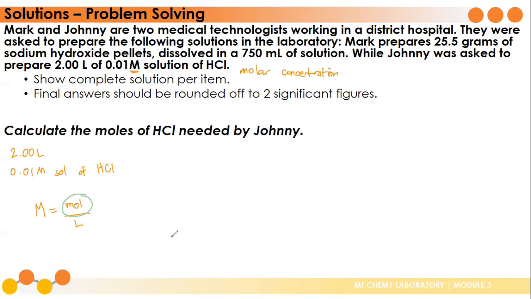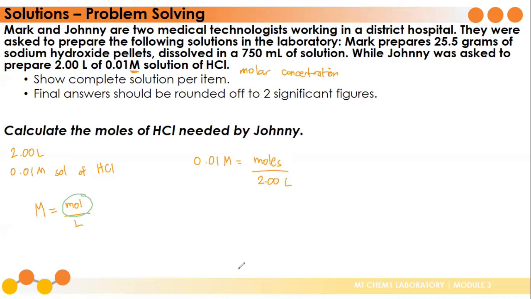So we simply substitute the given values. We have our molarity, which is 0.01 M, equal to moles, which is what is missing, divided by liters. And our given is 2.00 liters.